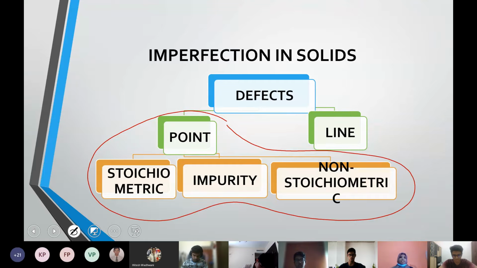That is not very common, but point defect is very common, because if you take the entire crystal, maybe there are 1 or 2 points where you will find imperfection. So point defect is so common that we are discussing it in more detail. Point defects are of three types: stoichiometric defect, impurity defect and non-stoichiometric defect.